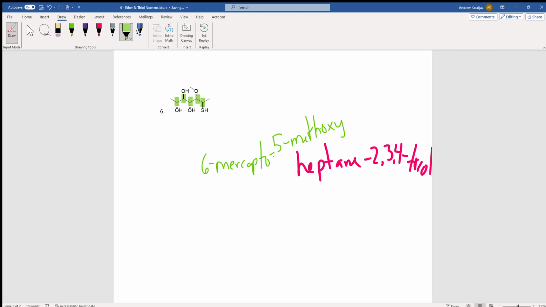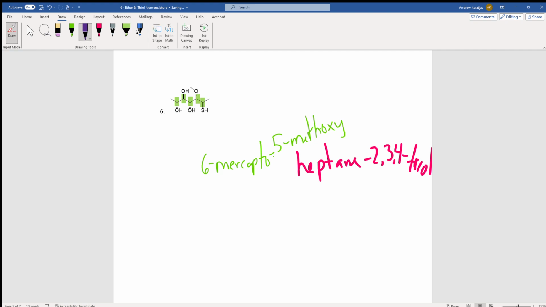We have 3 cases, 2, 4, and 5, where the lowest priority group is pointing forward. So you'll do your R and S assignment and then reverse it. And then the other 2 carbons, 3 and 6, that are chiral, have the lowest priority group, a hydrogen pointing away. So you'll assign your R and S and then keep it as is.